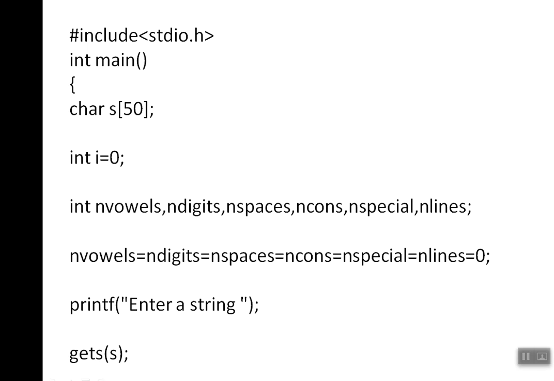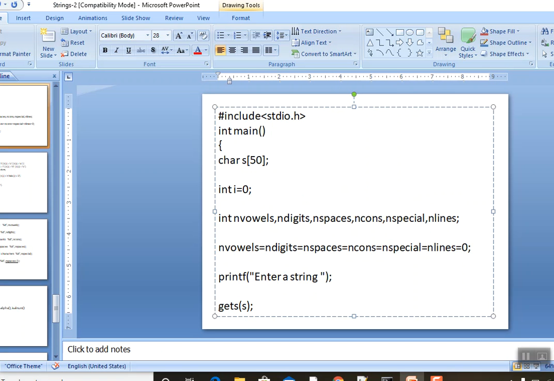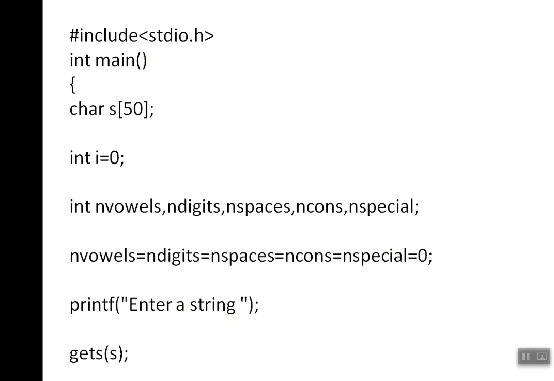Number of lines I'm not using in this code, so you can remove it. Okay, I'm taking everything as 0 initially, so I'm going to read a string in terms of s.